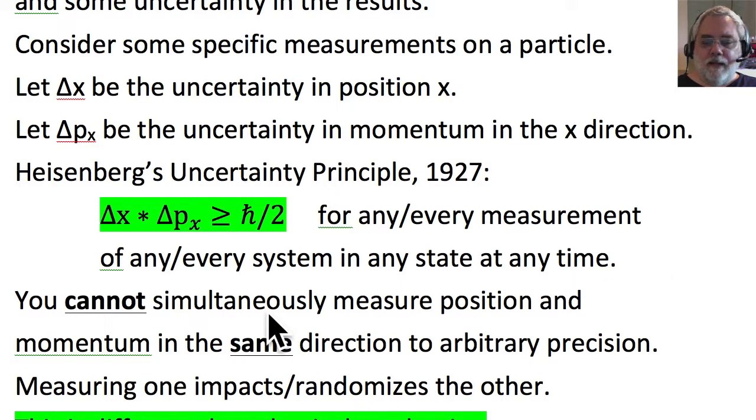So you cannot simultaneously measure position and momentum in the same direction to arbitrary precision in quantum mechanics. In classical mechanics, we assume you could. It's an assumption in classical mechanics that, oh yeah, you can do this. Just make your measurements better and better.